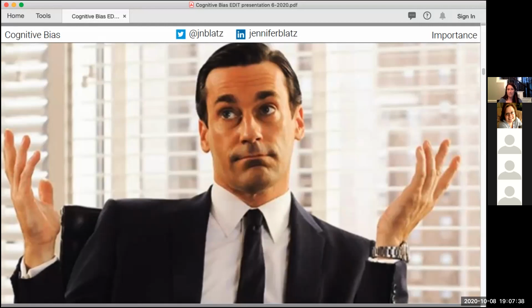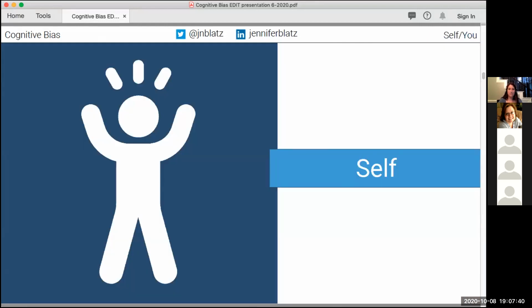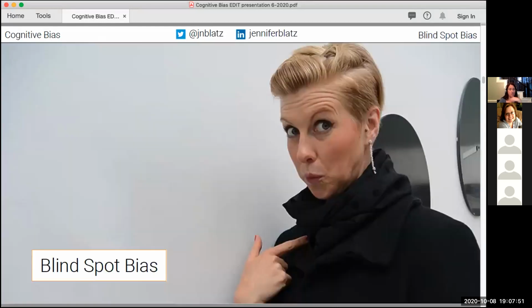So now let's get started by looking at some types of biases that creep into our professional world. And we might as well start off with the most important person in the room, and that's you. We always think we're immune from the problems and flaws of others, don't we? Well, blind spot bias happens when we see ourselves as less biased than others.